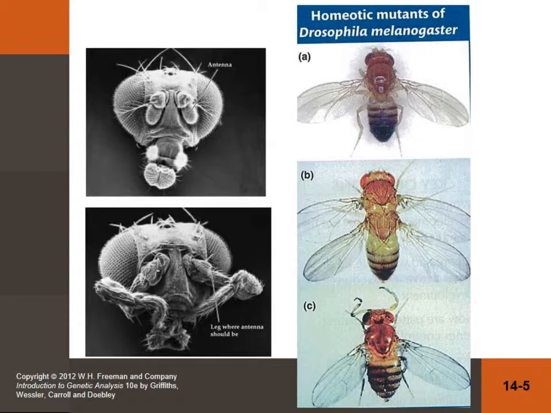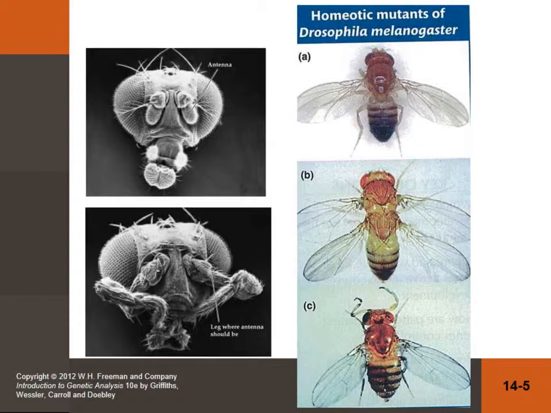Then just under that in B, we can see a mutant. And this mutant is referred to as a triple mutant because there are 3 mutations in a gene called the ultrabithorax gene. And these three mutations cause the development of forewings, another pair of large forewings in place of those very small hind wings.